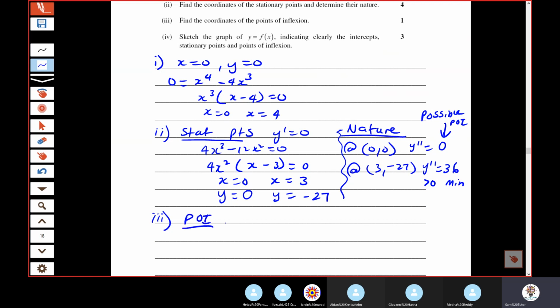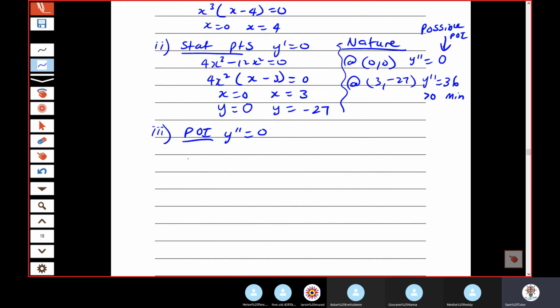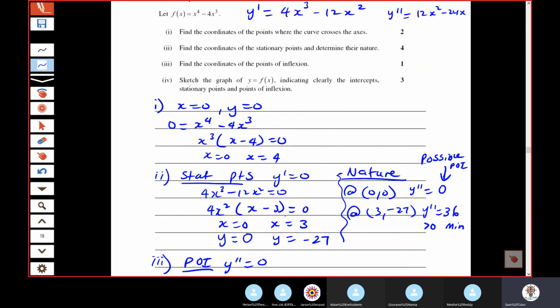POI. Y double dash equals 0. So what was it? 12x squared take away 24x equals 0. Again, what do you factorize out? Correct. X equals 0 and x equals 2. Sub it in, back into the original. 0.